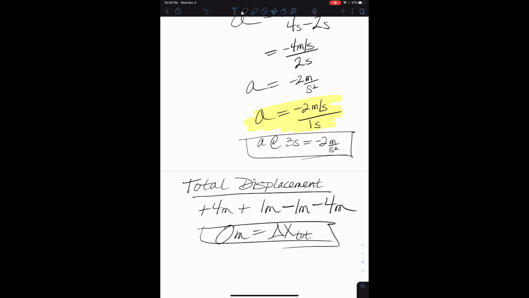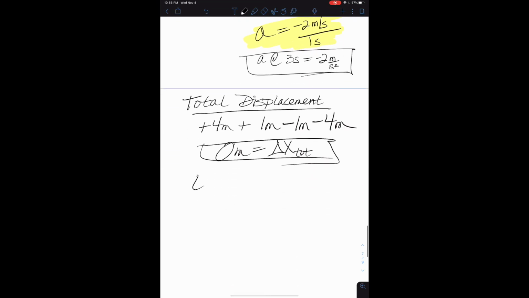Now, what's the total distance? Total distance is the absolute value of all of those displacements. We don't care what direction with distance, right?